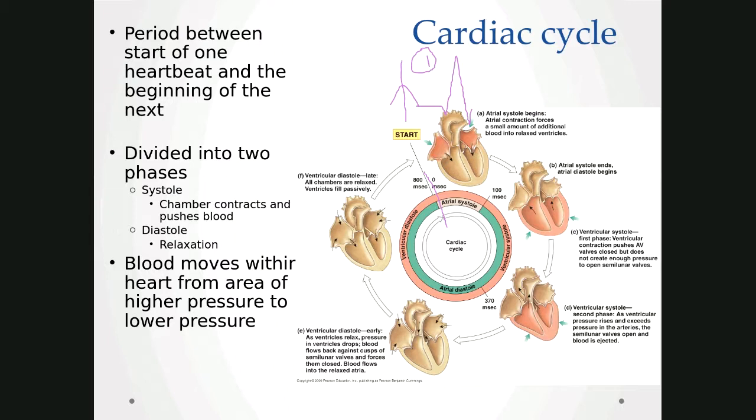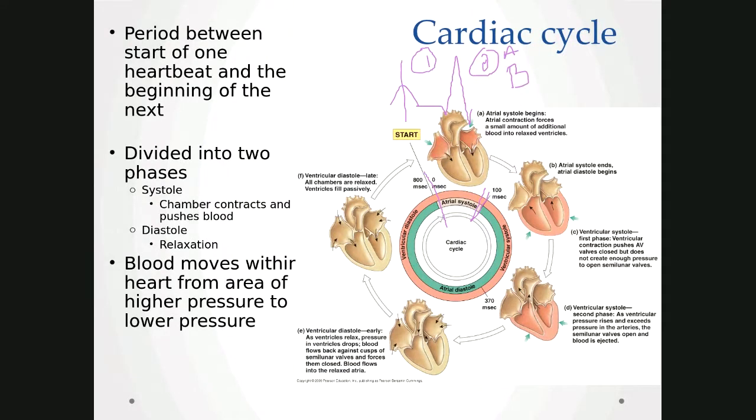Okay. The AV node is going to initiate ventricle contraction and ventricle depolarization. So we are going to see that the atrial systole ends and the ventricle systole begins. Now, the ventricle systole period is going to be divided into 2 phases.